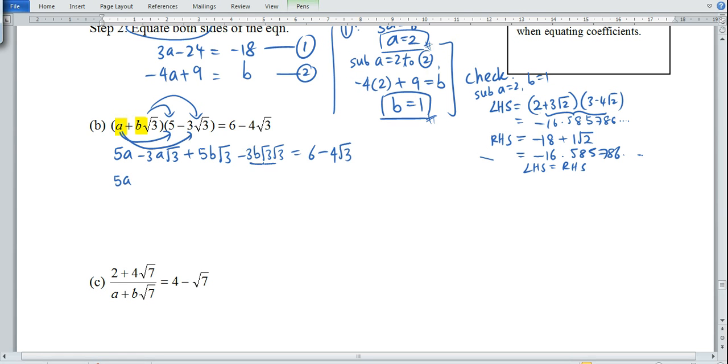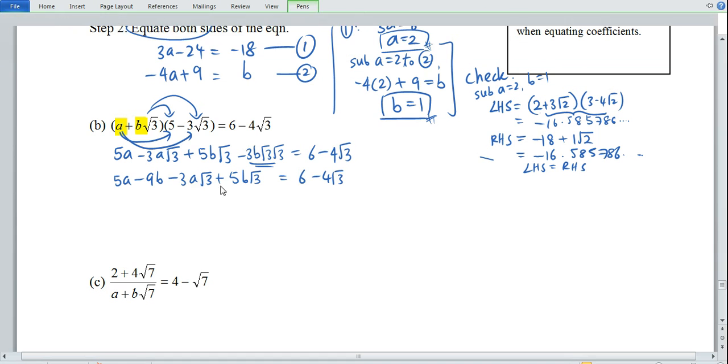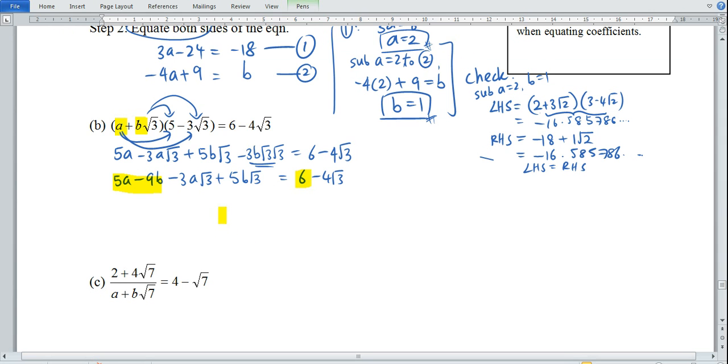5A, this one I can rewrite as negative 9B, and then my third terms. Now I'm ready to compare, because I have the third terms to be the same. I can compare the constant terms on the left hand and right hand side, and the third terms.